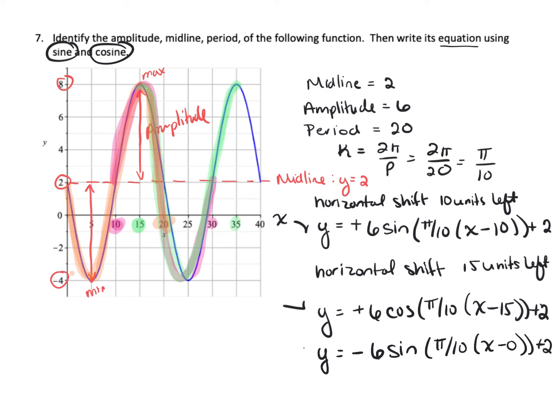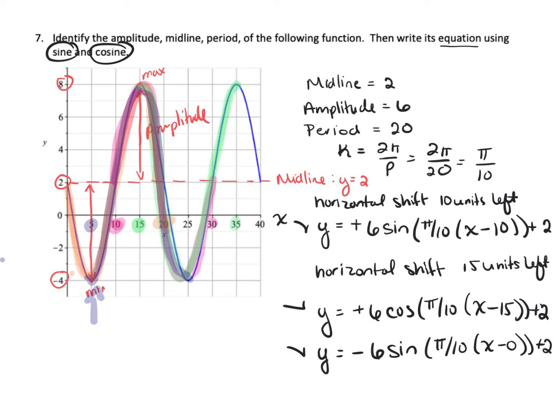Now let's talk about what a negative cosine function would look like. Let me use a different color that I haven't used yet. Let me see what highlighter colors I have left. Let me use purple. Let's see if that shows up. If you follow along here, negative cosine starts at x equals 5, and we can see that's one full rotation of negative cosine.